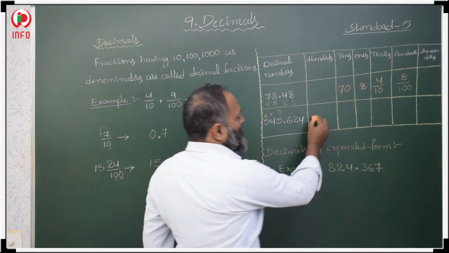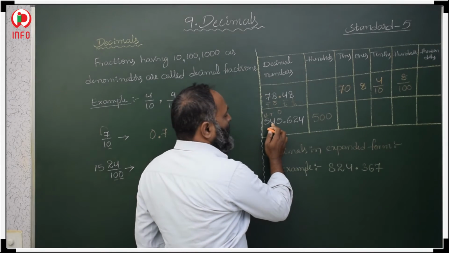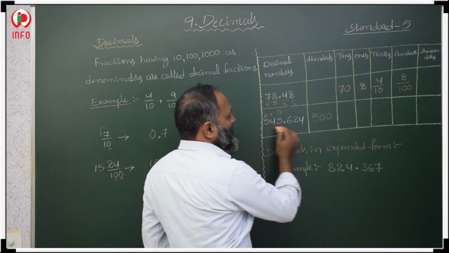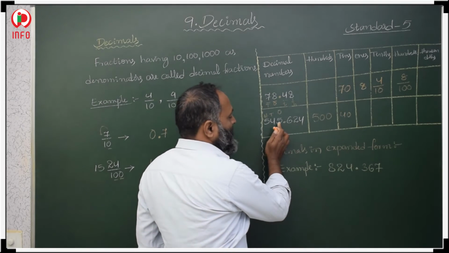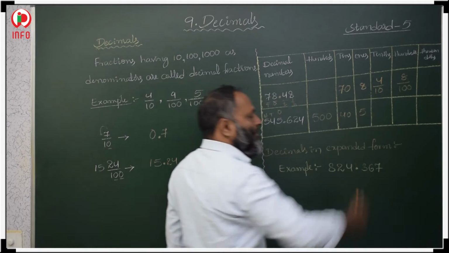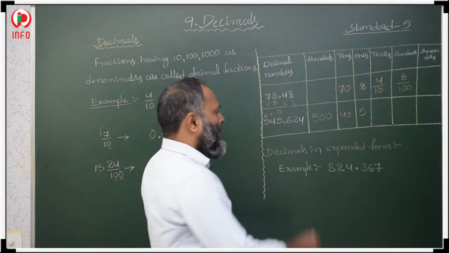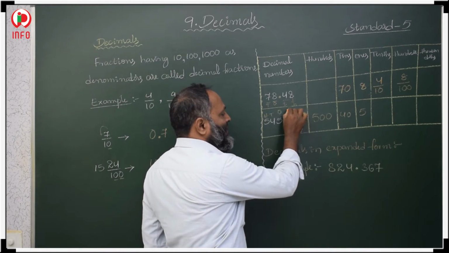5 is in hundreds place, here 500, and 4 is in tens place, 4 tens are 40, and 5 is in ones place, 5 ones are 5. This expansion form we know. Then after the decimal point, the very next digit is the tenth digit, small t.